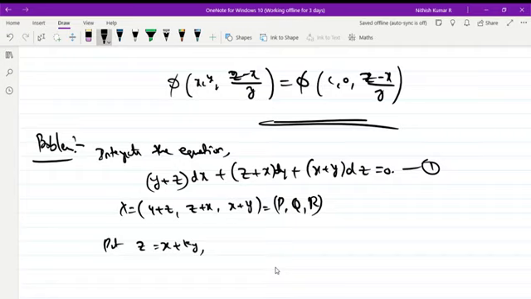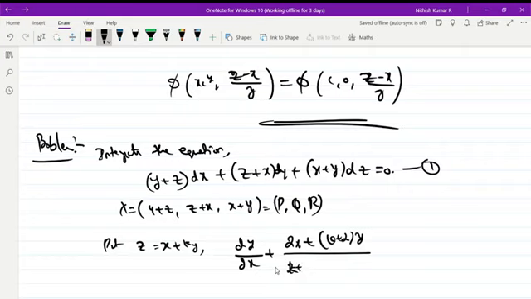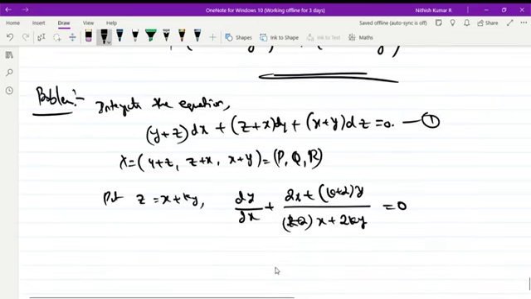It is reduced to dy/dx + ((2x + (k + 2)y))/((k + 2)x + 2ky) = 0. Now if you observe, this is nothing but again a homogeneous equation in x and y.